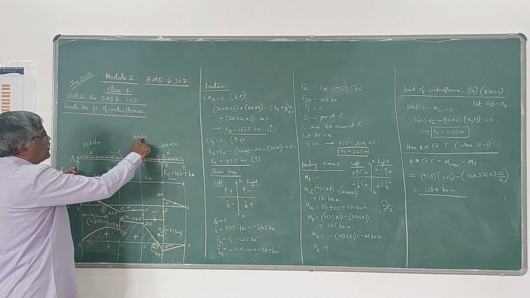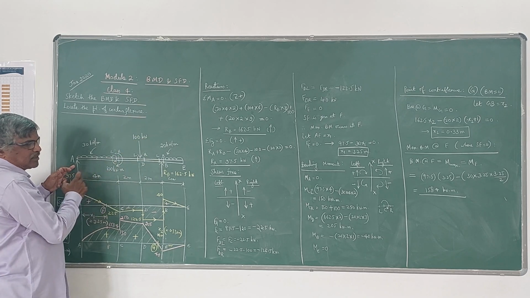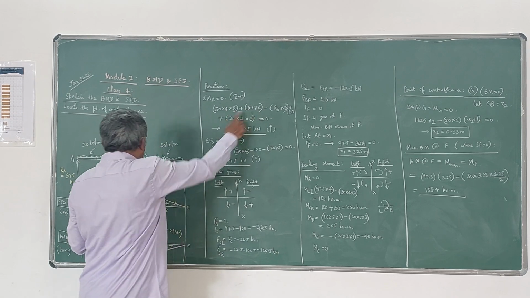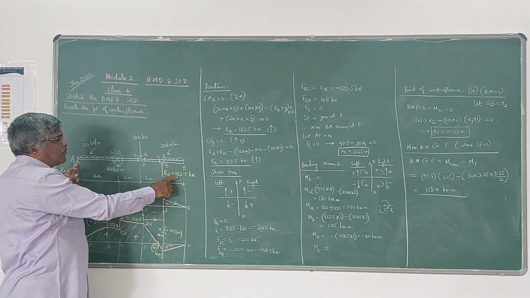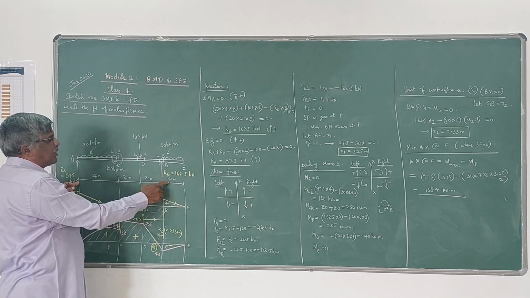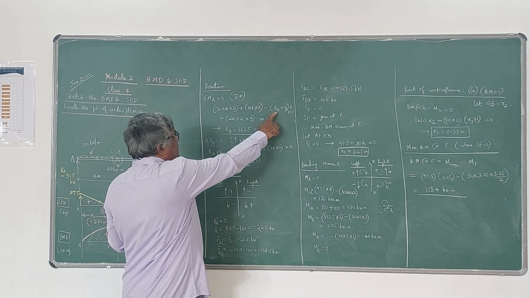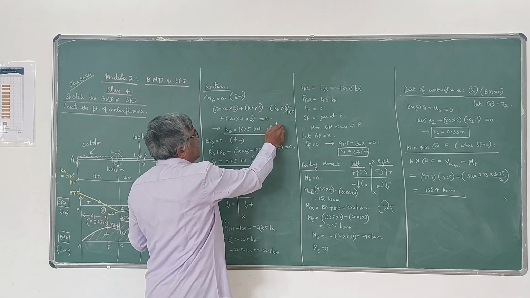Then due to this 100 kN force, the moment is 100 into 6 meters from A. So that is 100 into 6 clockwise, therefore positive. Then due to this RB, it is giving an anti-clockwise moment, minus RB into 8.